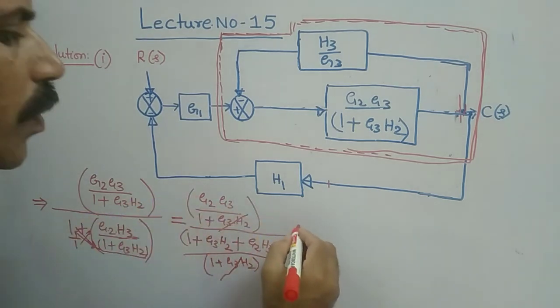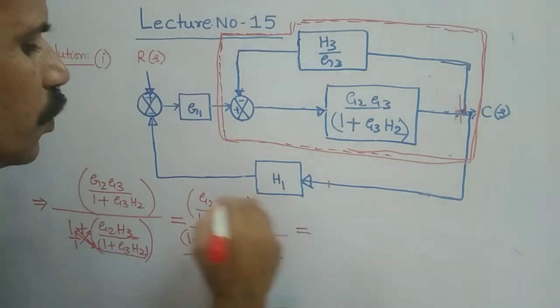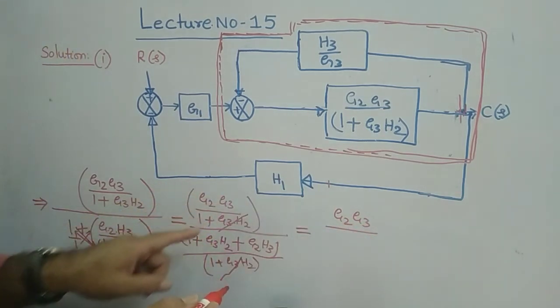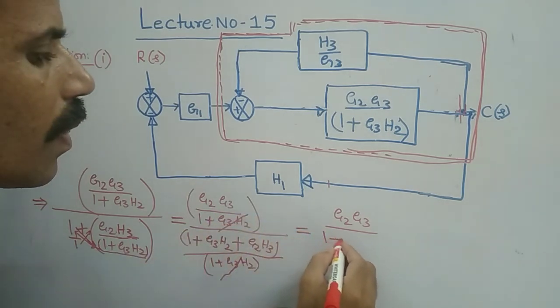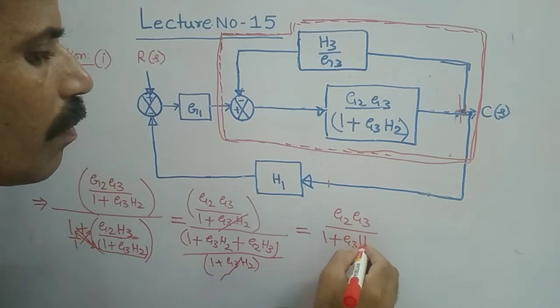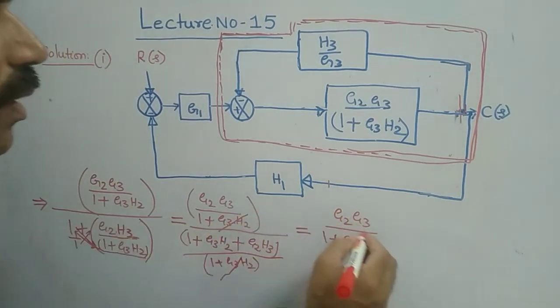This further can be written as G2 G3 by 1 plus G3H2 plus G2H3, is it not?